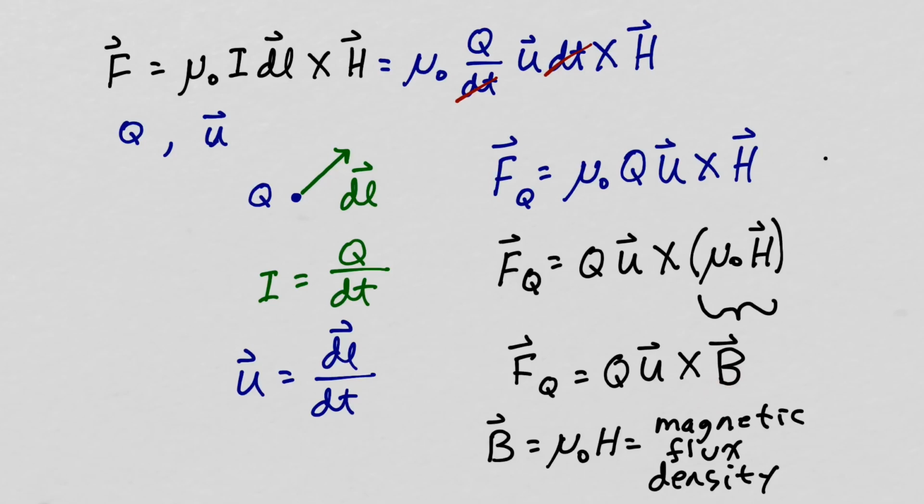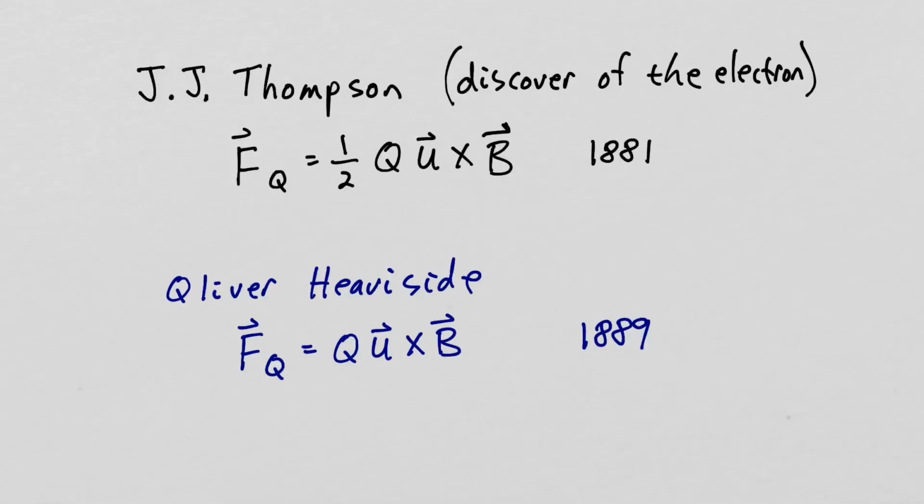In 1881, J.J. Thomson, who was the discoverer of the electron, published an equation for the force on a charge Q moving with a velocity u in a magnetic flux density field, but he got the equation wrong. Oliver Heaviside published the correct equation in 1889.